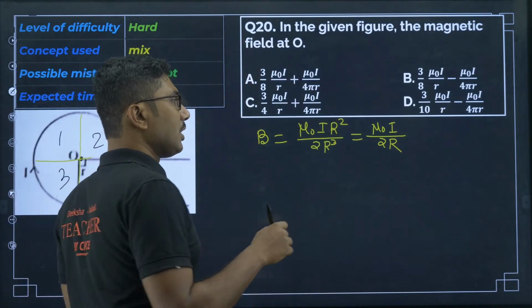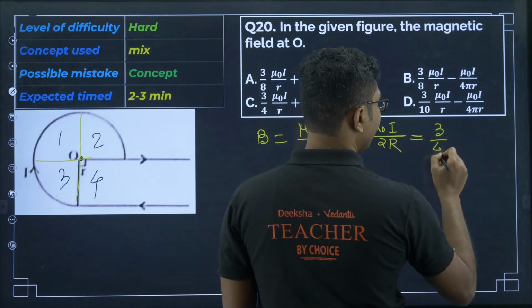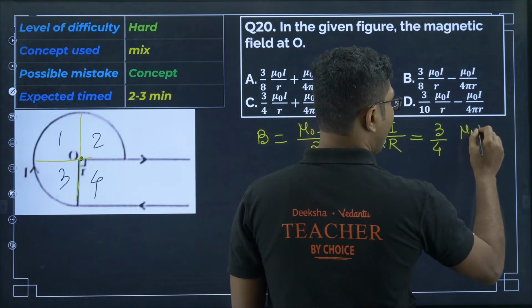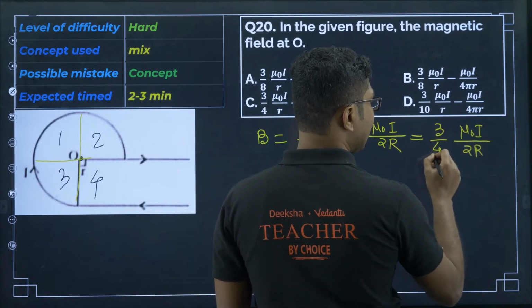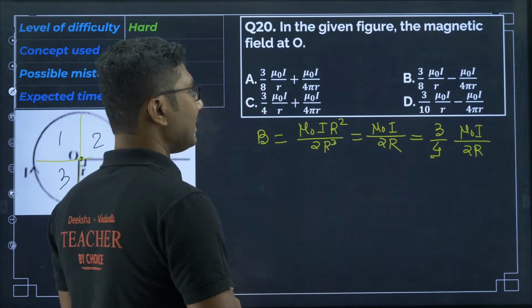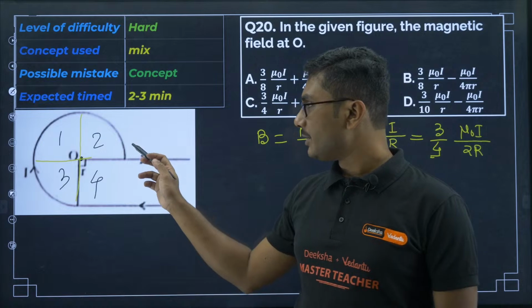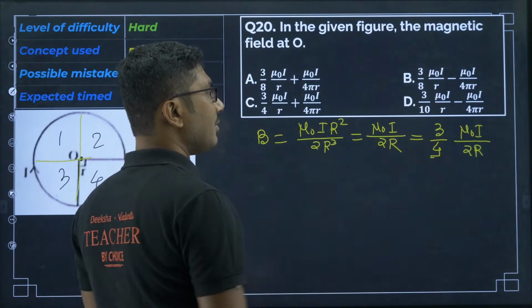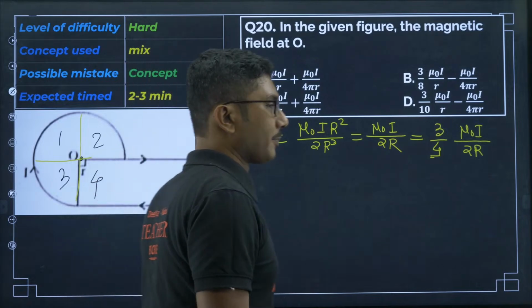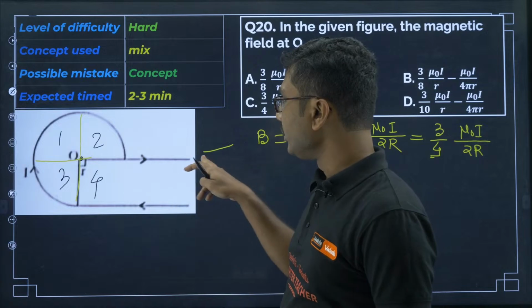The contribution due to the circular part should be 3/4 × μ0 I / 2r. So, μ0 I / 2r is due to 4 parts, but one part is missing, so we just assume 3/4 × μ0 I / 2r.